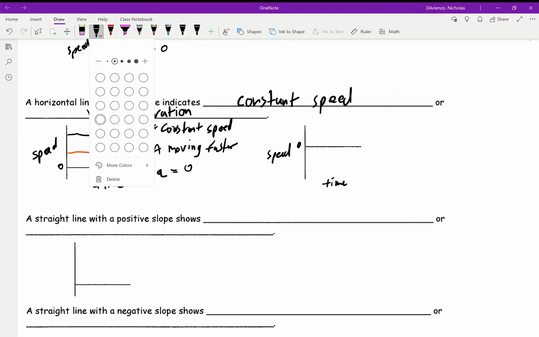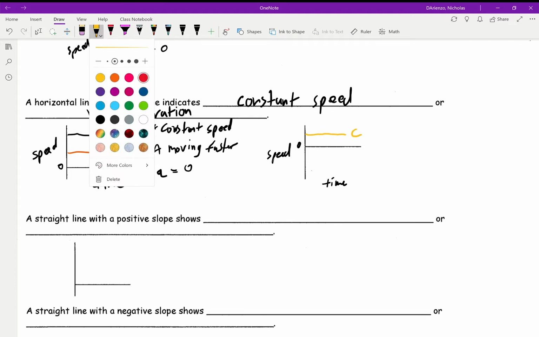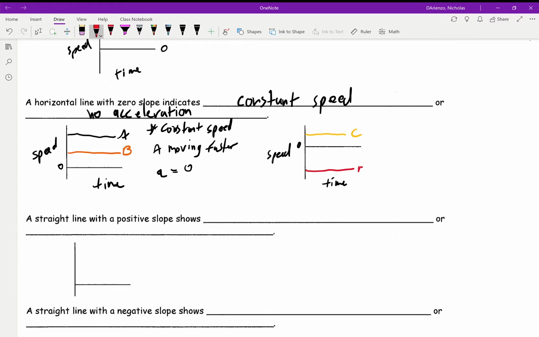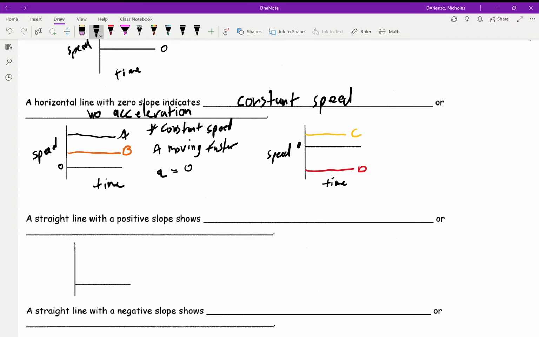Now if we look at two other objects, let's consider object C and object D. Again, these are both straight lines. A little hard to draw here, but those are both straight. If we compare the motion of C and D, what's the magnitude of the speed?